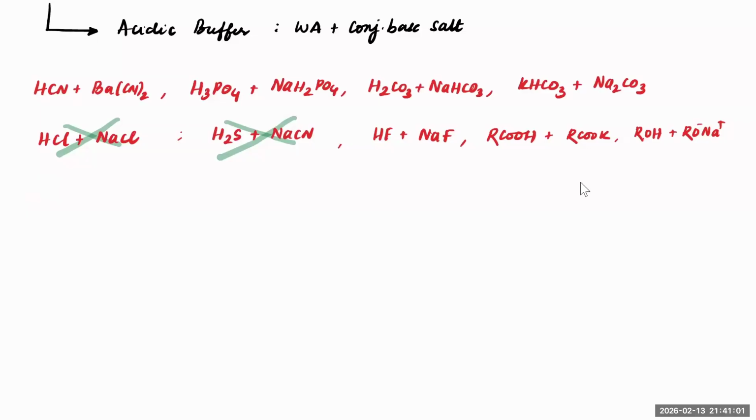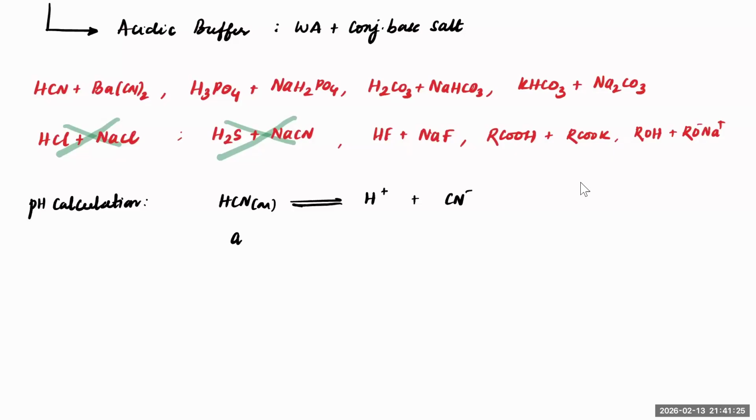In acidic buffer, pH calculation is very easy. Let me show you with an example. So if you have to calculate the pH, let me take an example. Suppose HCN is a weak acid. You know that it will ionize as H plus and CN minus. Correct?